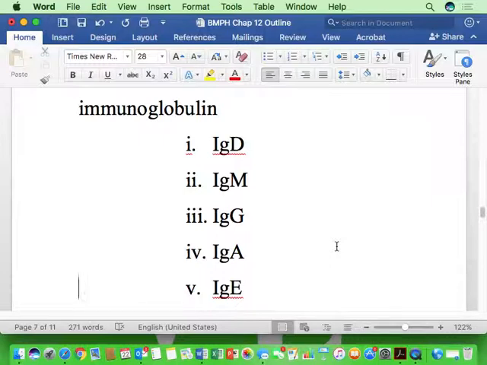These particular antibodies trigger the release of histamine and other chemicals that cause inflammation. And they are largely in charge of allergic responses.